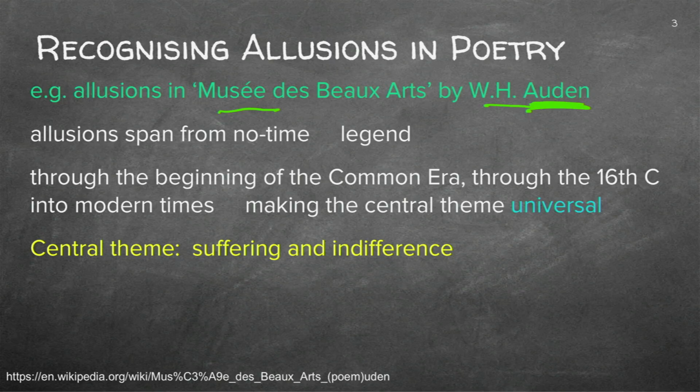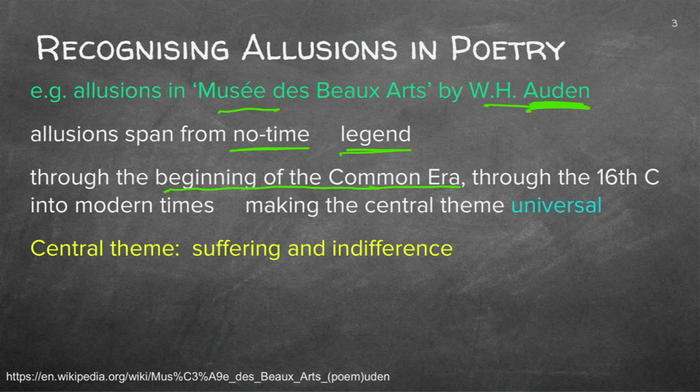Now, a very interesting thing also to remember is that the allusions used in this poem span from no time, the time of legends, once upon a time, through the beginning of the Common Era, right?